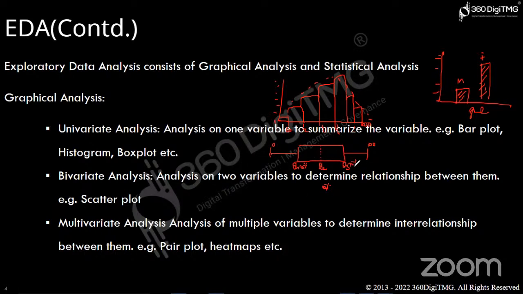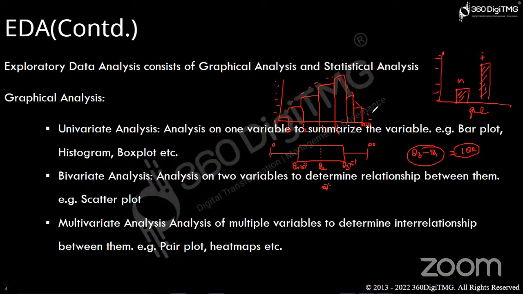Now I am going to use the formula Q3 minus Q1. I want to find the range here. That is known as the IQR value. Using this IQR value, I am going to find the fence. When I say fence, I am going to have these values at the lower end as well as the upper end, because I am trying to find out if there are any outliers in my data.